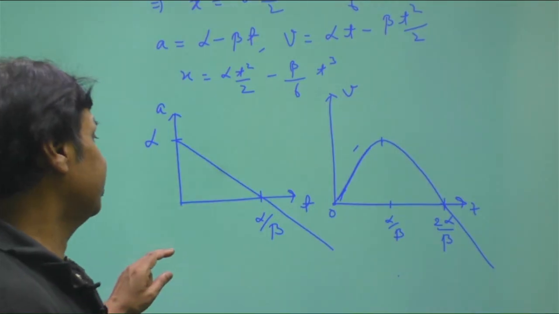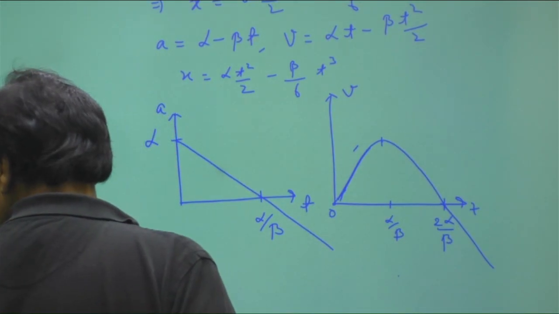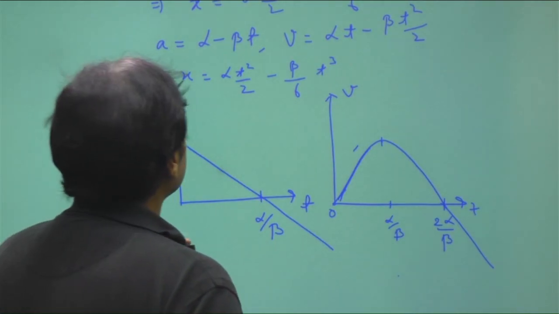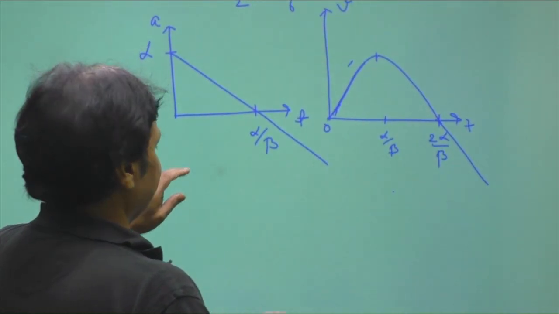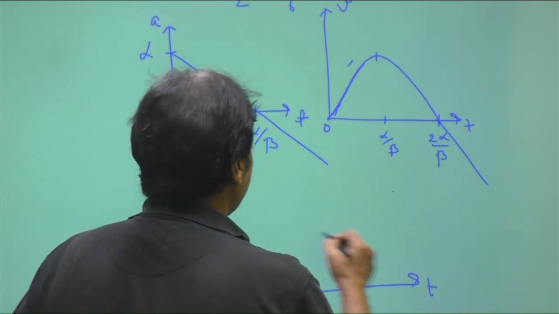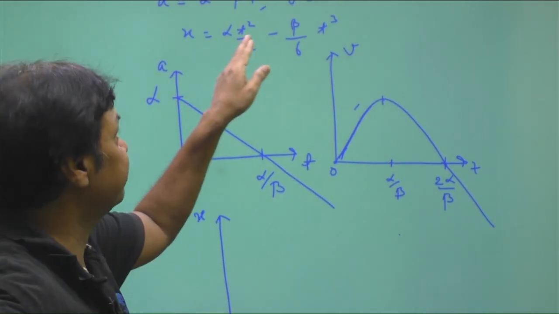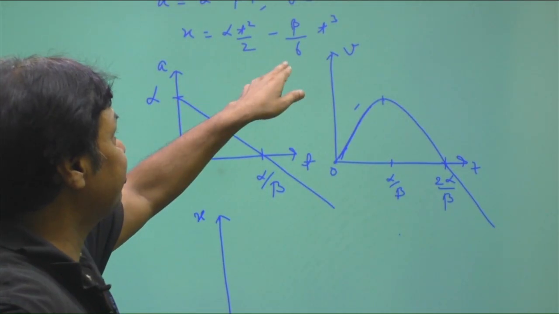And to find x in terms of time, you have an equation like this, that is alpha t square by 2 minus beta by 6 t cube.